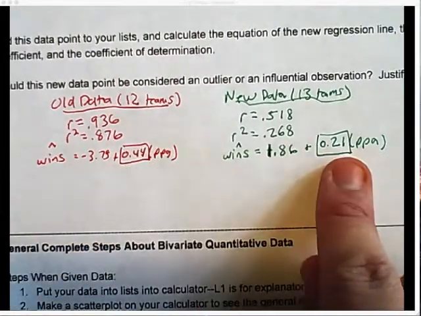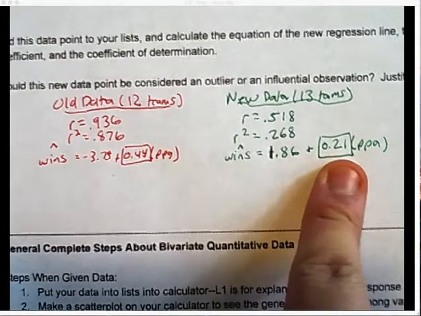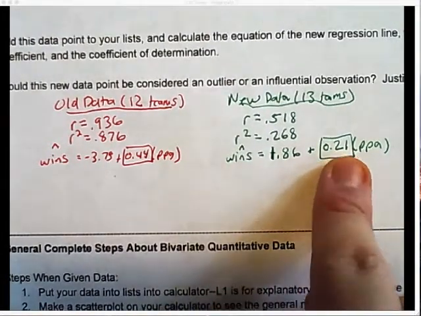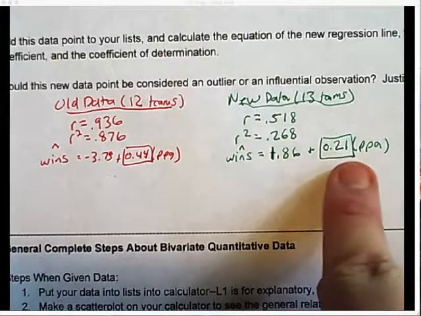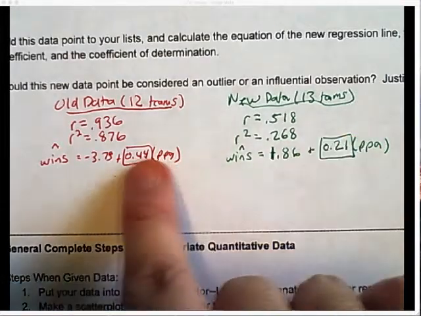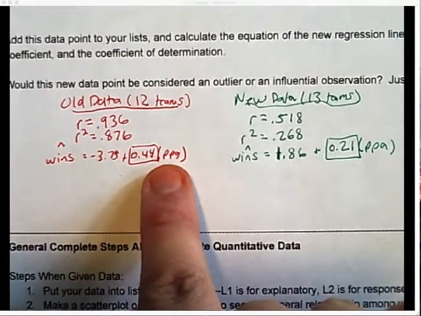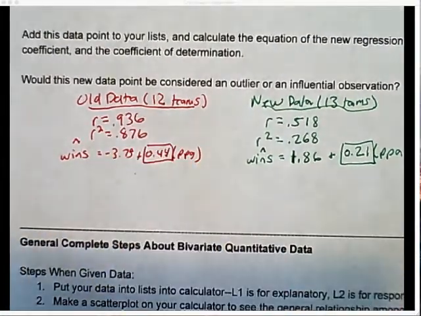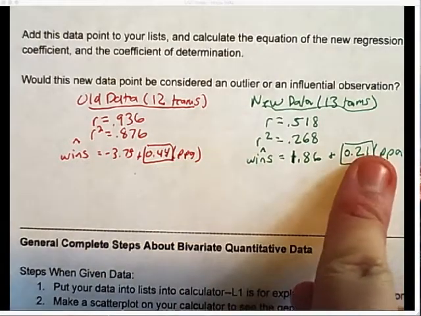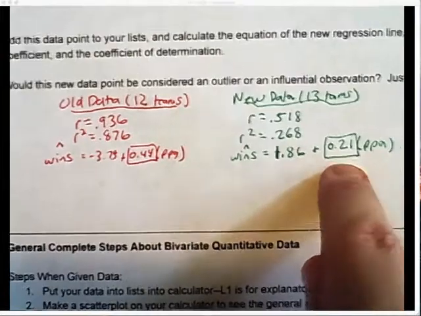Now, for every point per game, we only expect a team to go up by 0.2 wins. Here it would take about 5 more points per game to get a win, whereas before, 5 more points per game would get you 2 more wins. So this is almost double. By adding this team, I've actually cut the slope in half.